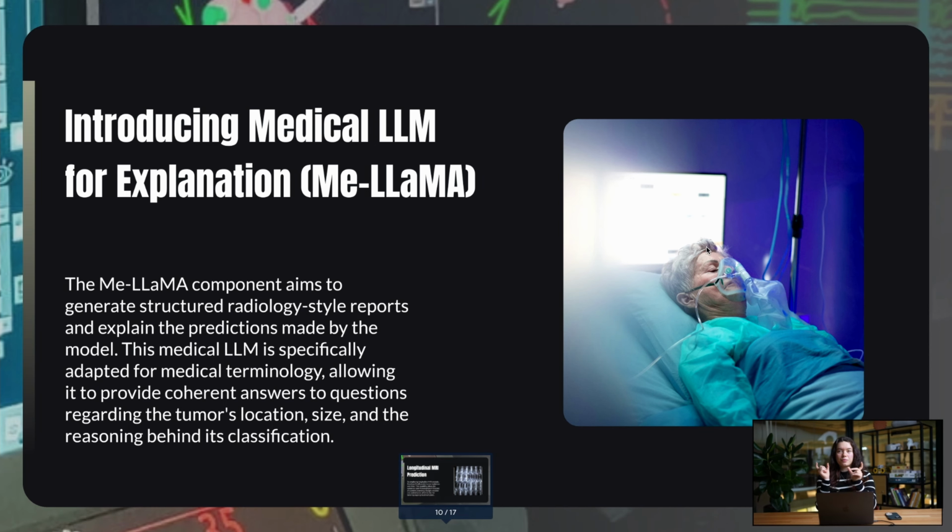Also, I researched medical LLM explanation. I want the site to not only have prediction, but also explanation, because it's doable to just have an MRI scan and say, oh, this is glioma, no, this is meningioma, and 90% sure, or whatever probability for each picture.